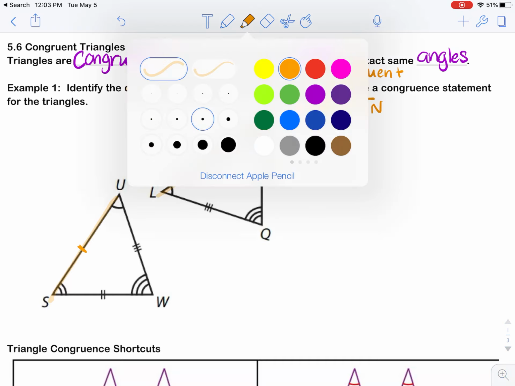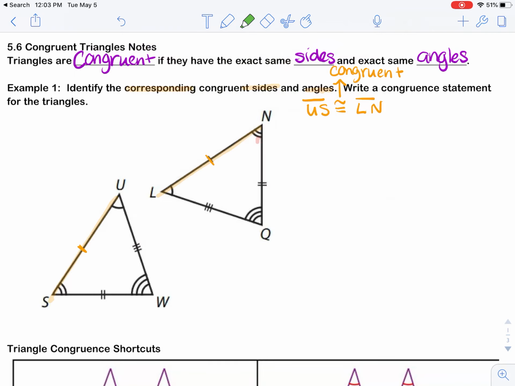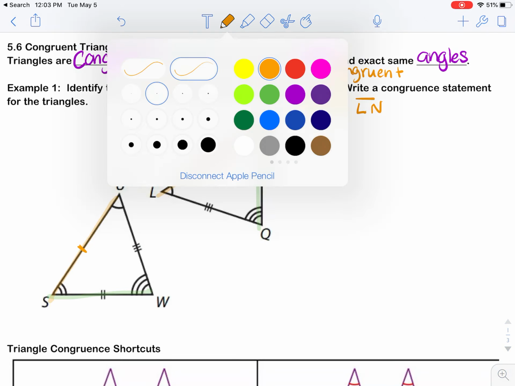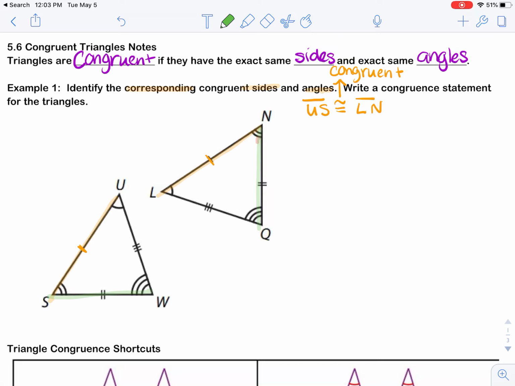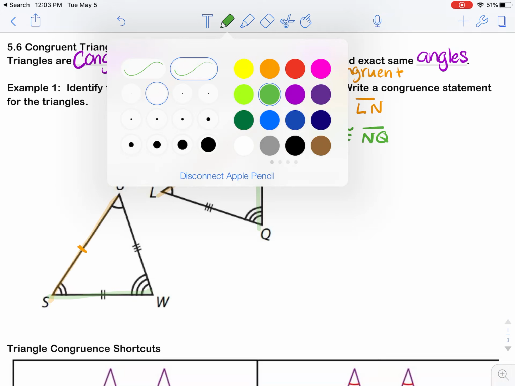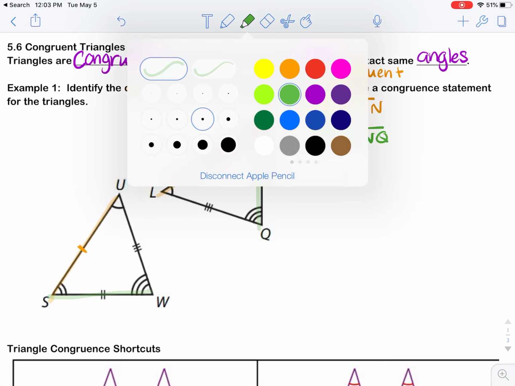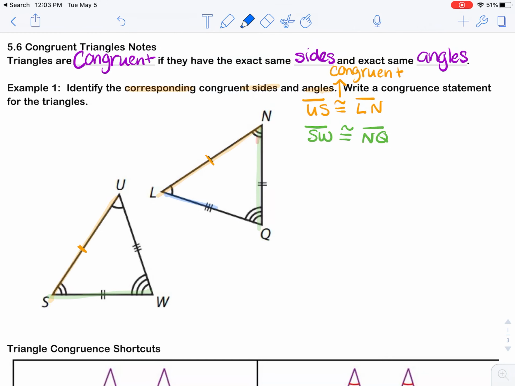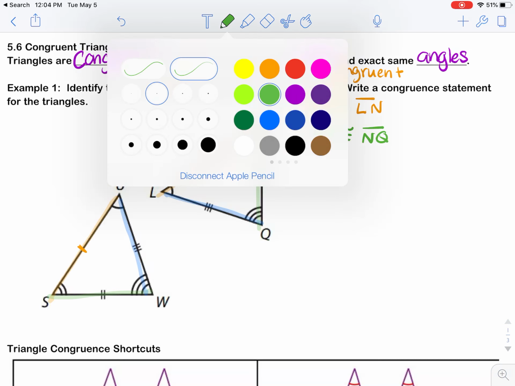Okay. So if I continue on, we'll look at ones that have 2 dashes. So I can say side SW is congruent to side NQ. Then the last one would be the ones that have 3 markings.